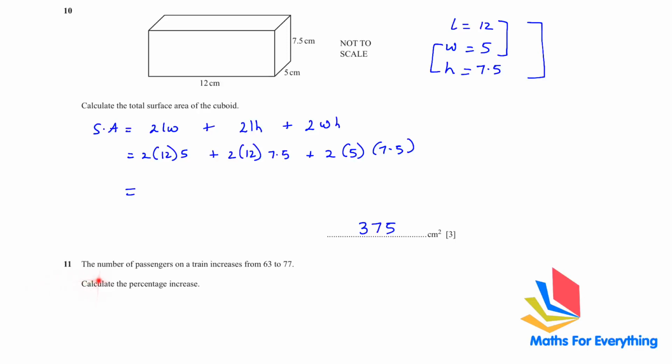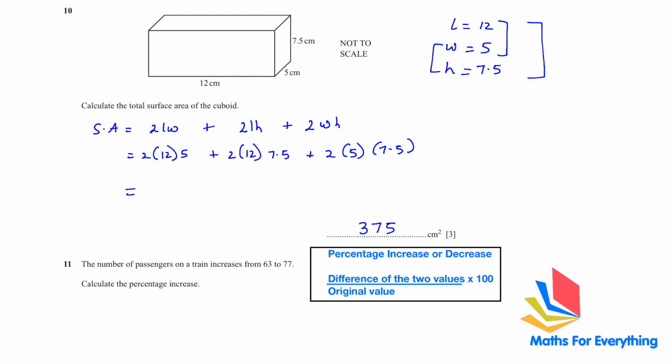Moving on to question 11. The number of passengers on a train increases from 63 to 77. Calculate the percentage increase. Whenever you want to find the percentage increase or decrease, this is the same formula we use. Find the difference of the two values.